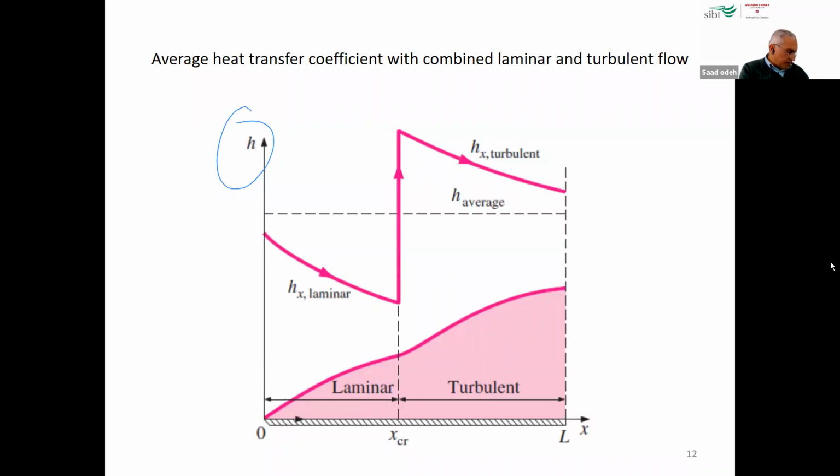So as you can see, if you have a surface with length L, when a flow comes to the surface, the H value starts to decrease based on the change in the velocity profile and thermal profile. And then suddenly, as you can see, the H increased because in turbulent flow, we have higher H.